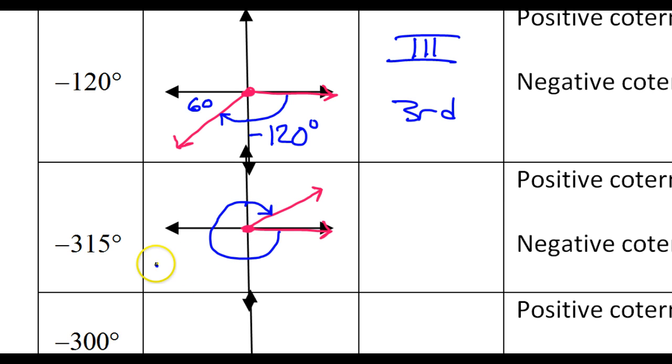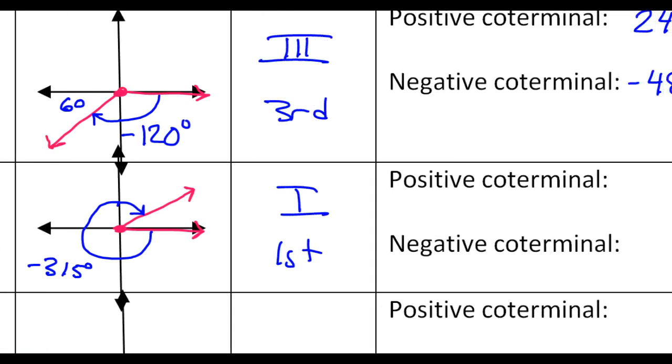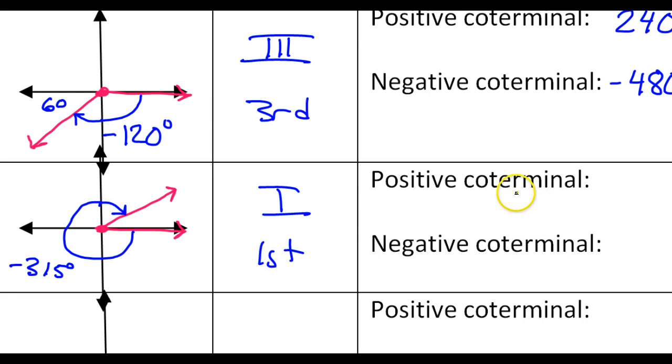So this is my negative 315 degrees. So yes, this is quadrant 1, the first quadrant. If I want a positive coterminal angle, I could do negative 315 plus 360.